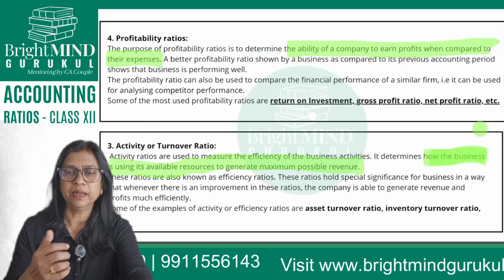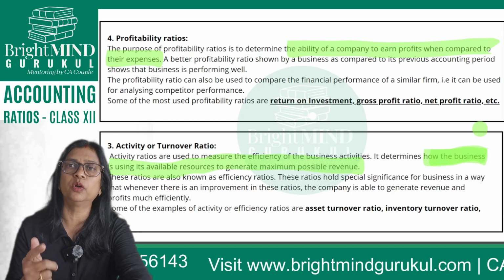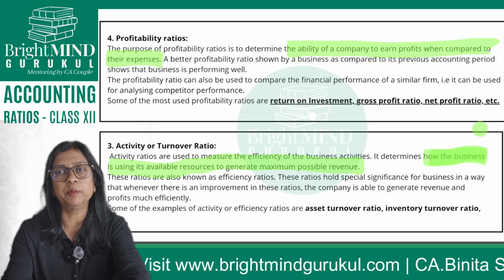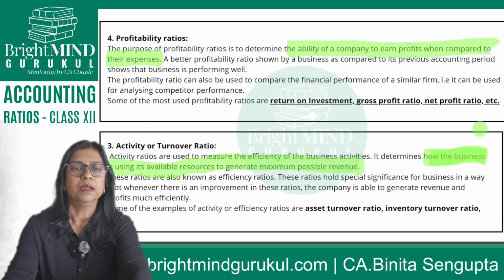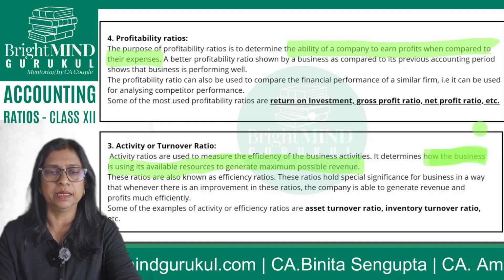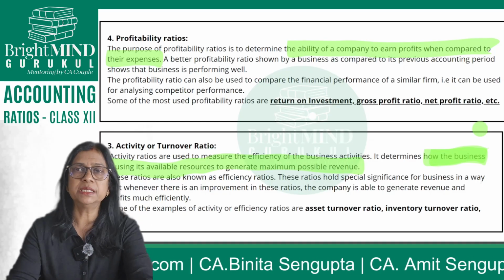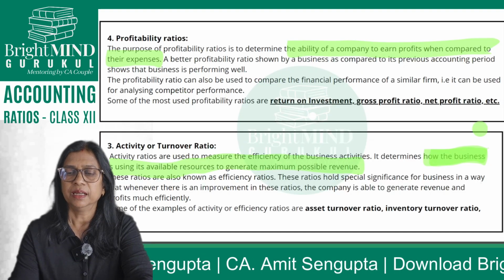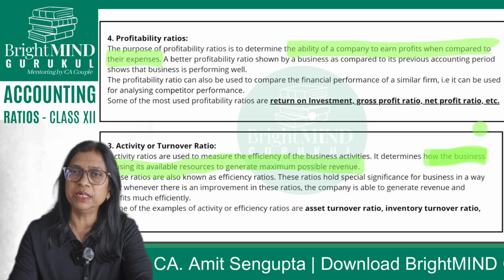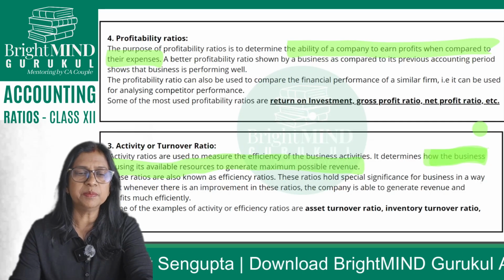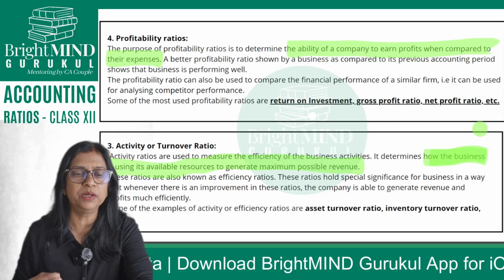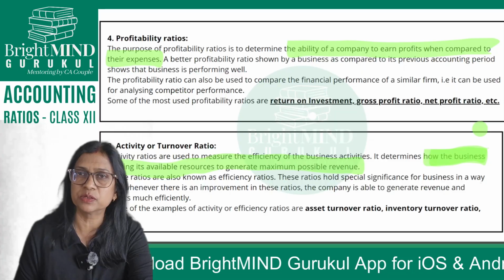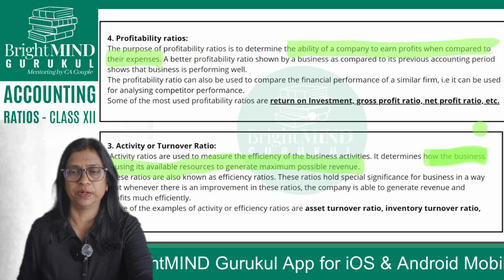The return on investment, gross profit ratio and net profit ratio explain this category. Then comes the turnover ratio, like the asset turnover ratio and inventory turnover ratio. This determines how the business is able to use its available resources to generate profit.